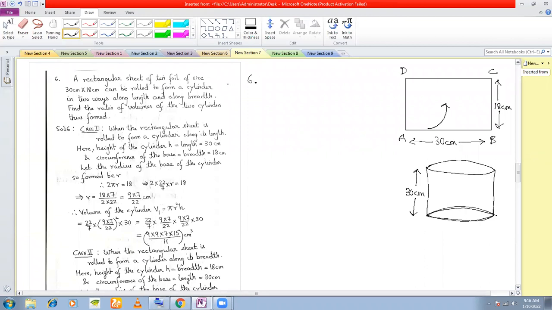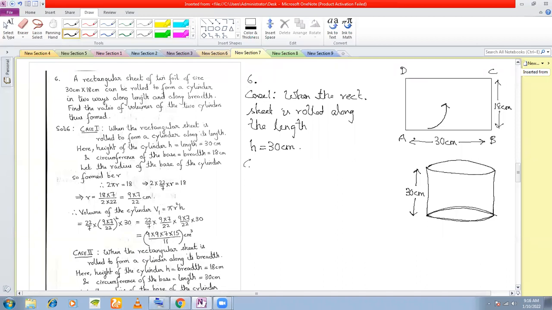So therefore, first of all, we consider the first case when the rectangular sheet is rolled along the length. In this case, what happens? Height of the cylinder will be equal to 30 centimeters.